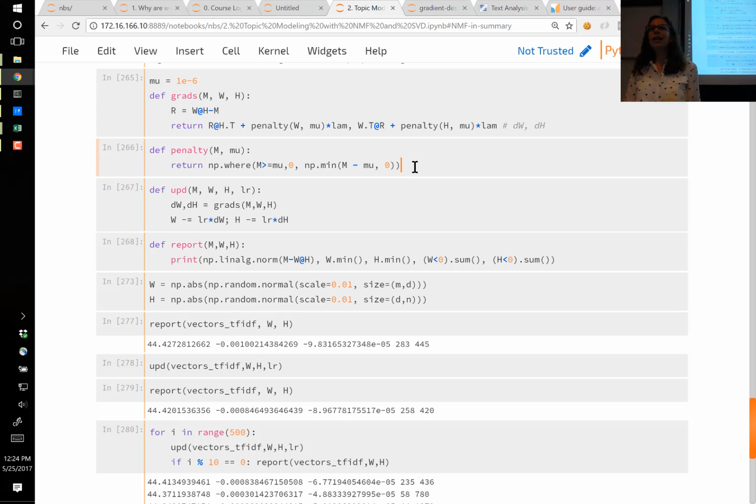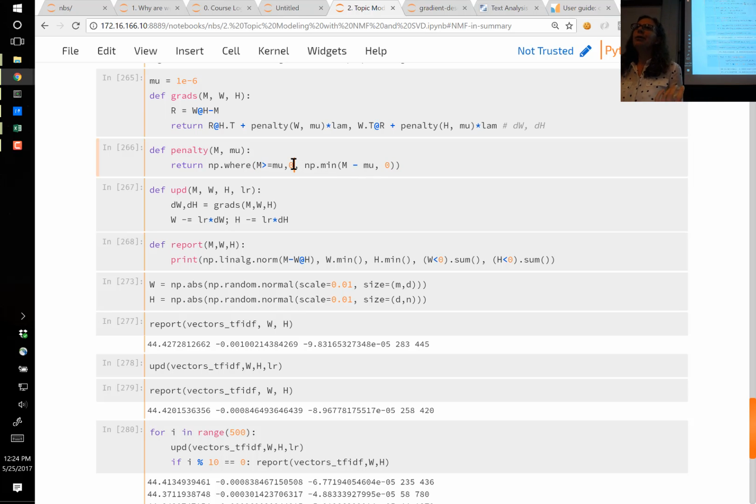Then to deal with wanting W and H to be greater than 0, we're going to have this penalty that is equal to 0 if they're positive, because we're happy, so no penalty. And that's what np.where does. np.where takes a true or false statement. If it's true, it uses the first value.